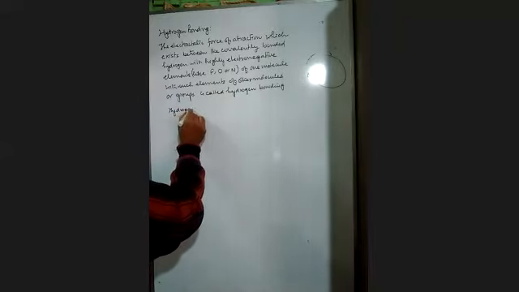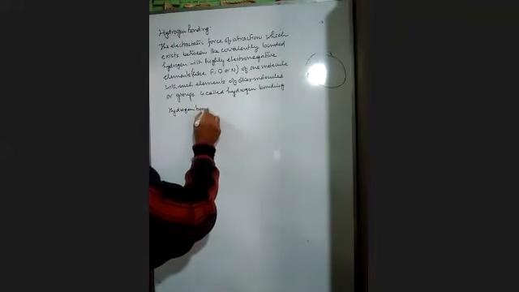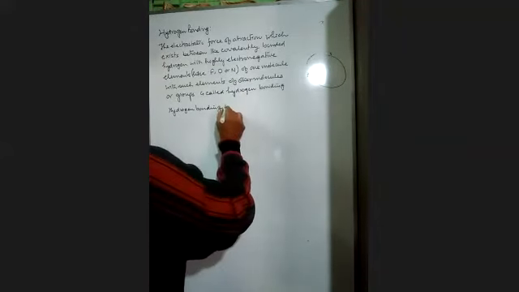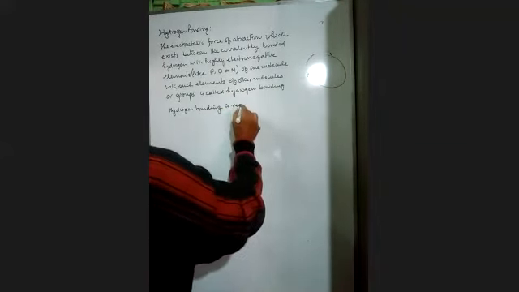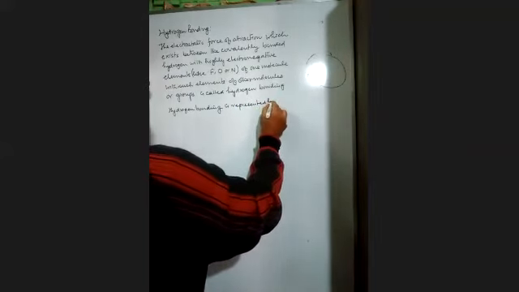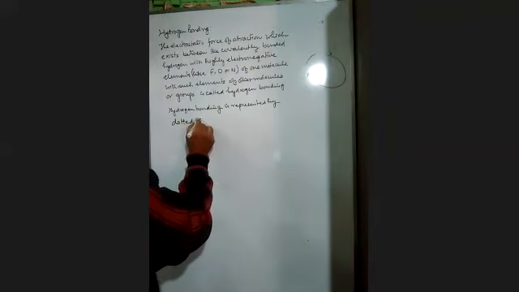Hydrogen bonding is represented by dotted line.